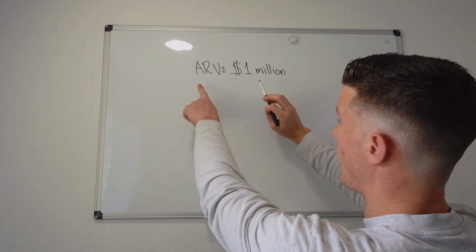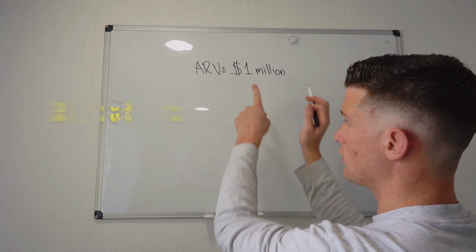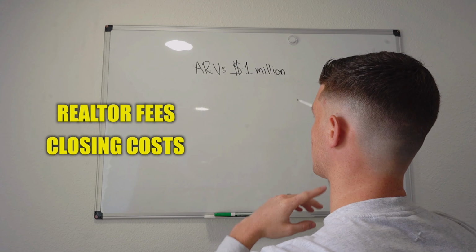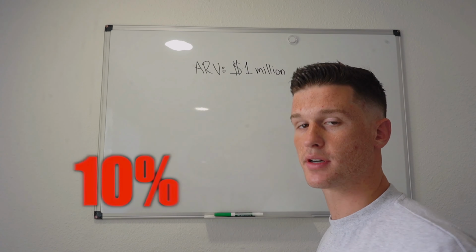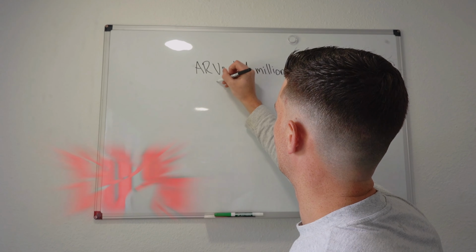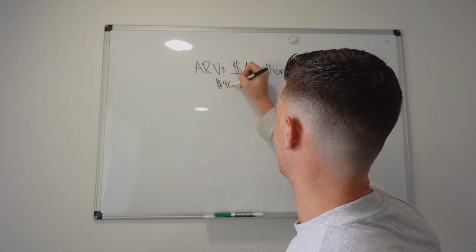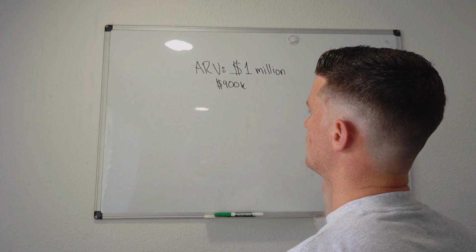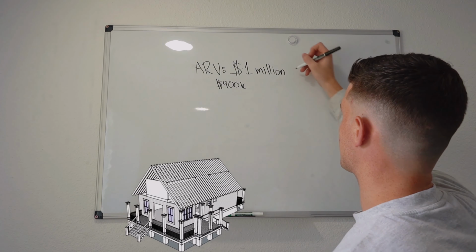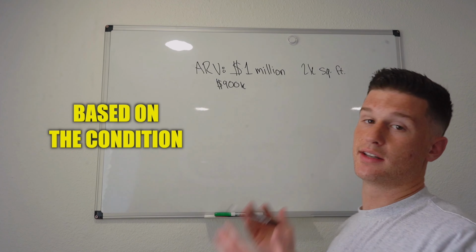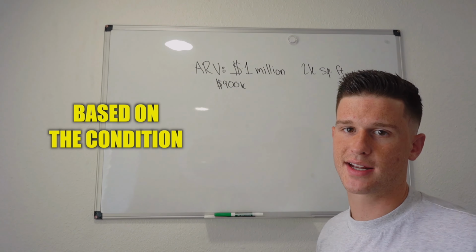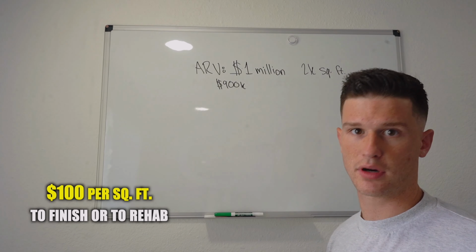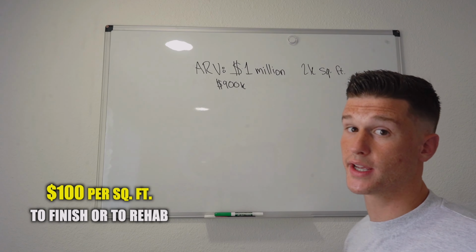So I know that after someone sells a property with realtor fees and closing costs, it's going to be about 10%. So after they sell it, it's going to go to 900K. So let's say this is a 2,000 square foot house. And I know based on the condition of this property, it's going to be about $100 per square foot to finish or to rehab.